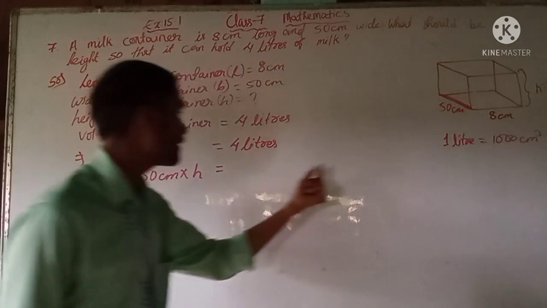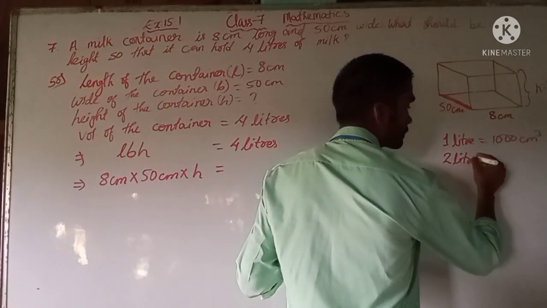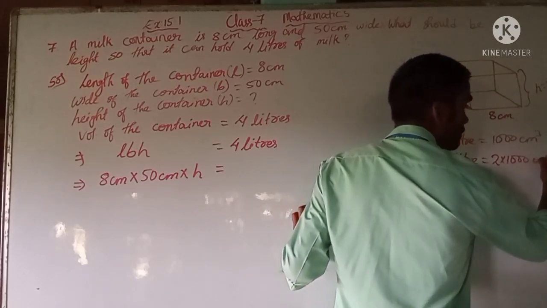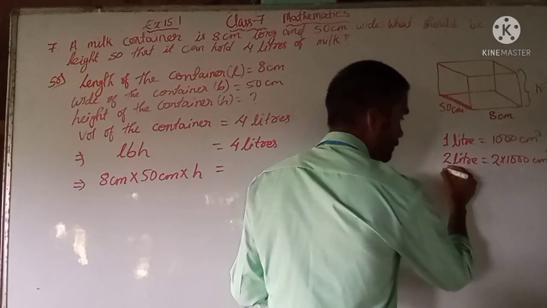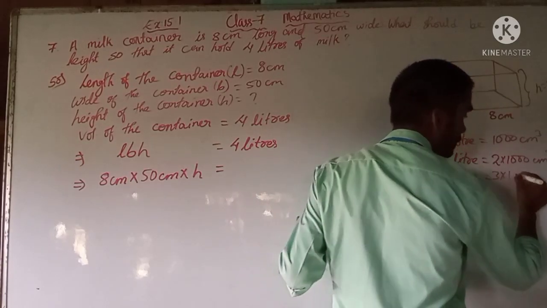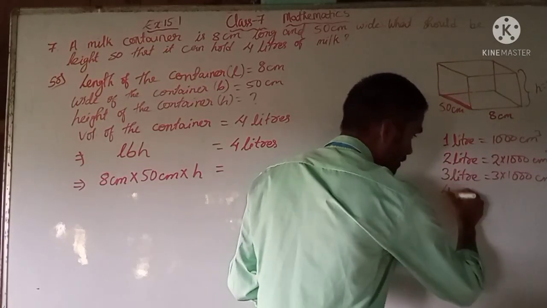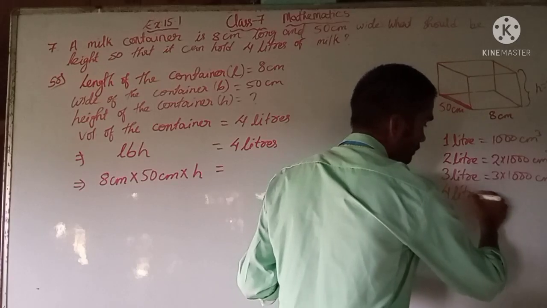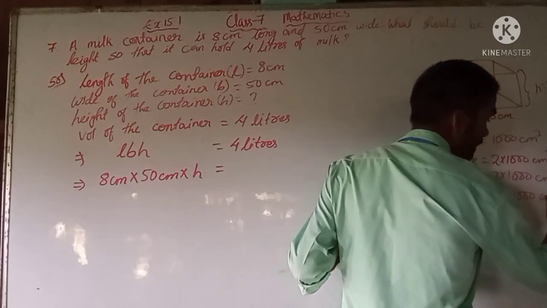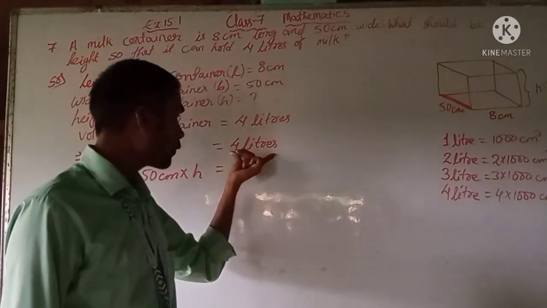In the same way, if I am saying 2 liter, then it will be equal to 2 into 1000 centimeter cube. If 3 liter, then it will be equal to 3 into 1000 centimeter cube. If 4 liter, then it will be equal to 4 into 1000 centimeter cube. So we need this 4 liters only.